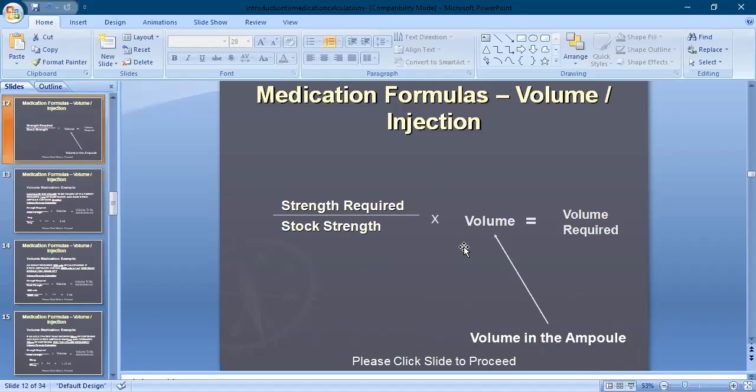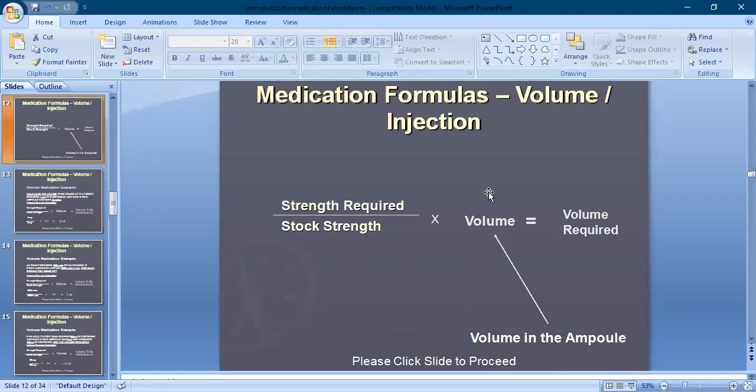When you use this formula, if they ask you to calculate the intramuscular, intravenous or liquid dose in the exam, they give a strength required and a strength in hand, but they do not mention the volume.